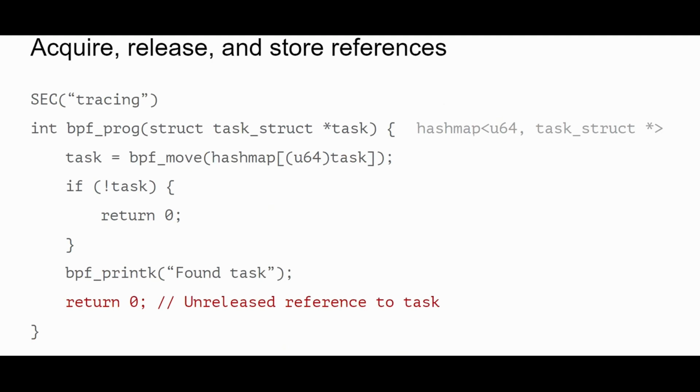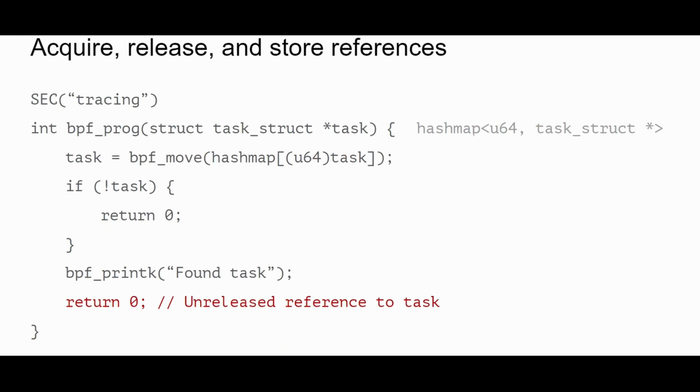So there is a concept of single ownership. Either a program has the ownership or a map has the ownership, and BPF knows how to release a task struct because it can verify it for your bytecode as well. So it will know if it finds a live value in the map. It will also know when it frees the map that it can drop the reference to the task.